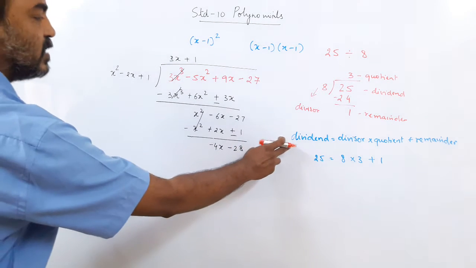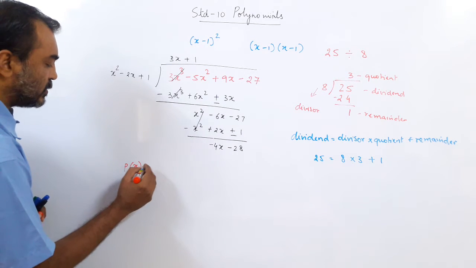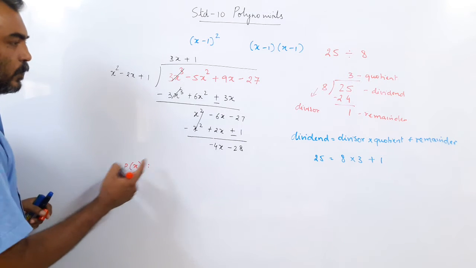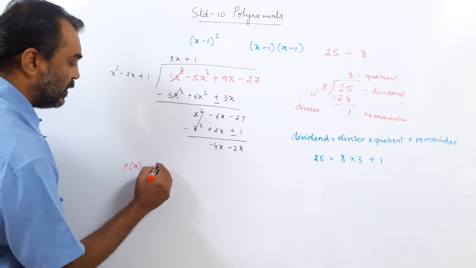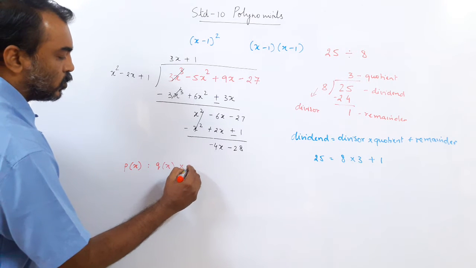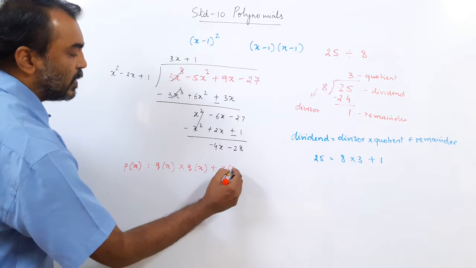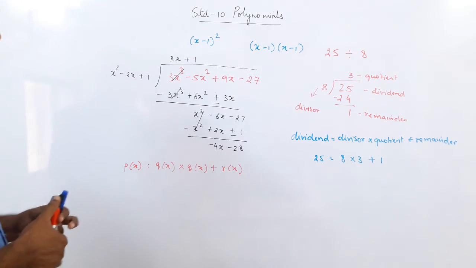But still, how can we write it down now? We can write it the same way. So we'll call the dividend p of x. The dividend p of x equals divisor, we'll call it another name, s of x, into the quotient, which is also a polynomial, q of x, plus the remainder, which is also a polynomial, r of x. So you can see what we did here.